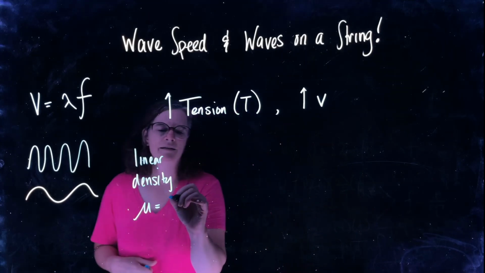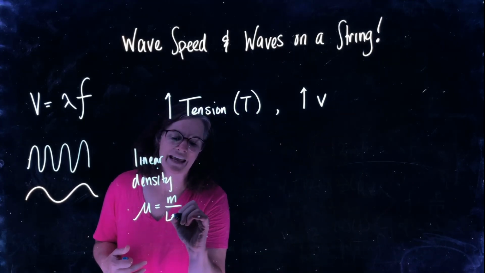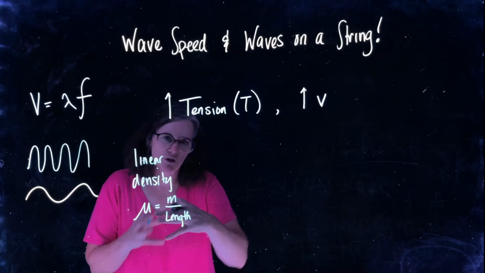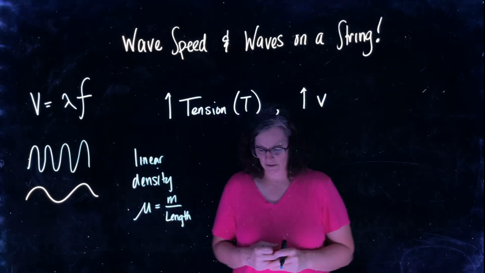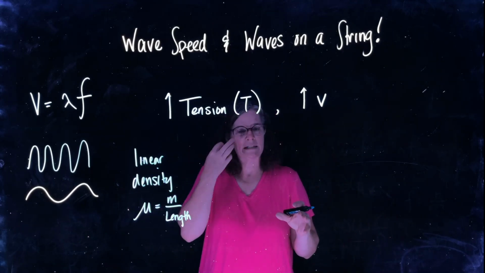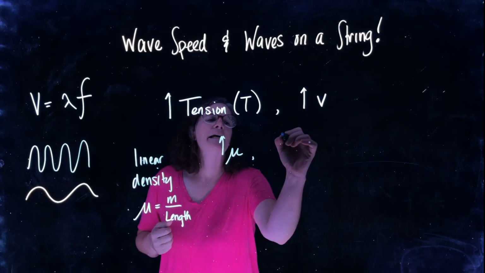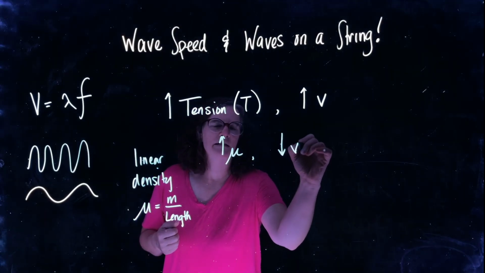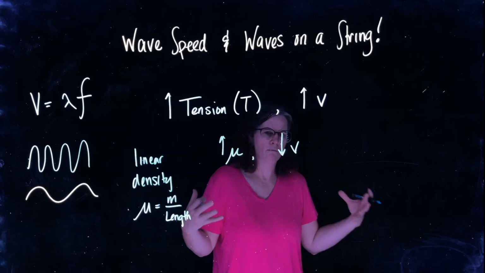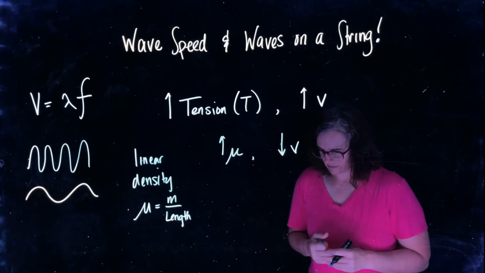Linear density is mass per length, okay? So it's looking along the object, only in that single dimension. And as I increase the linear density, I decrease the speed. So as I make more material density, I decrease the speed.